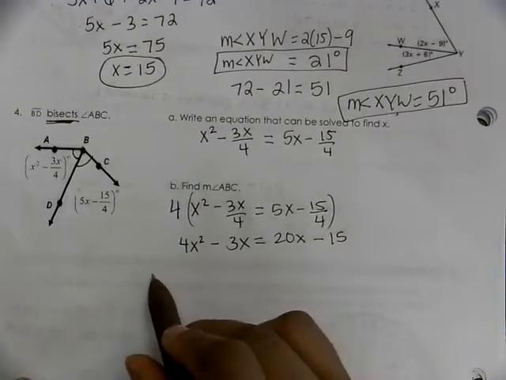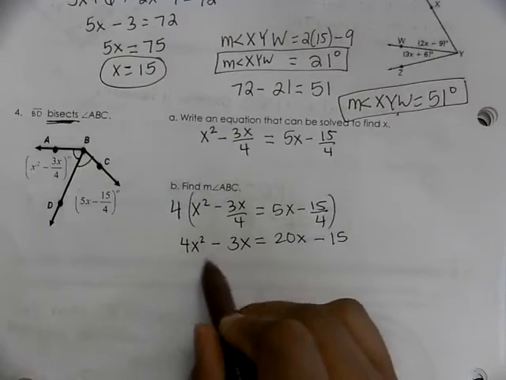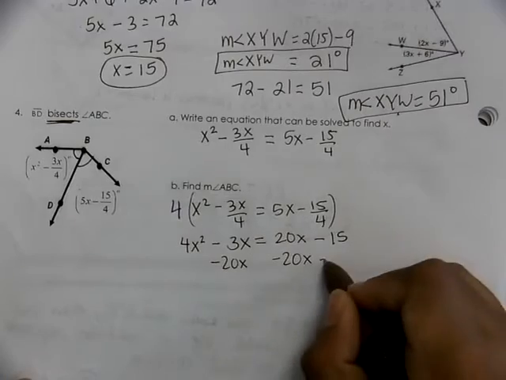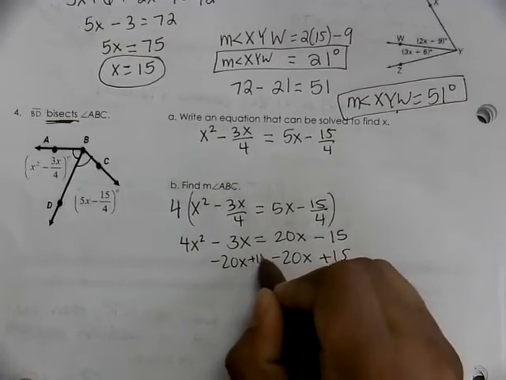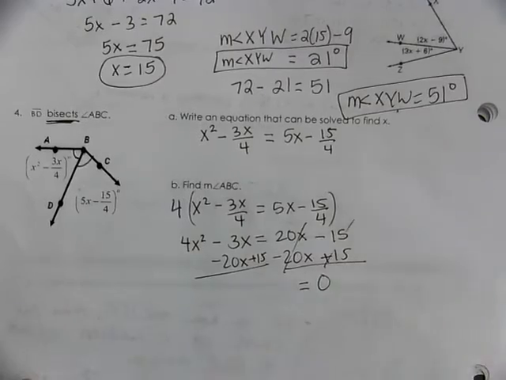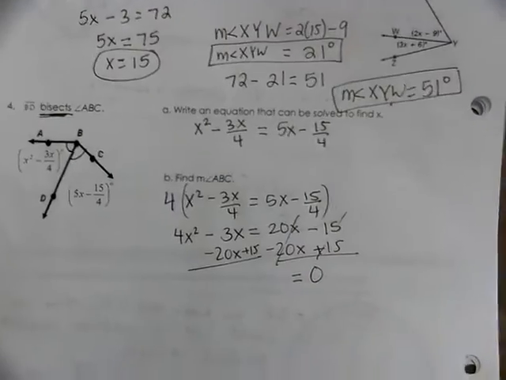And move everything to one side. Whenever you have a quadratic or an x squared, we have to subtract the 20x and add the 15. You're moving it all to the other side because you want those to cancel and be 0. And now keep solving.